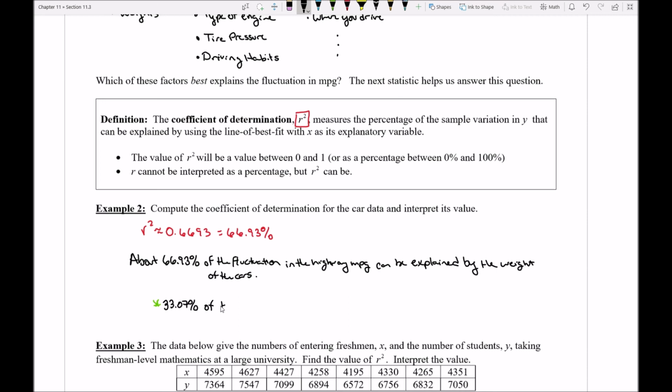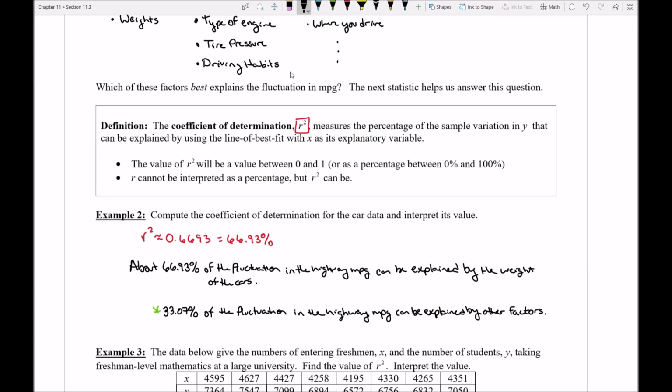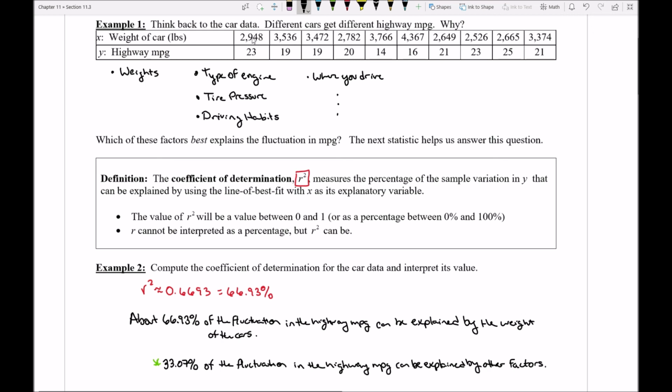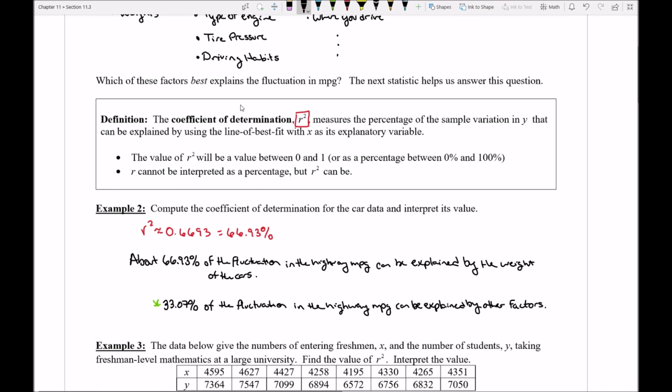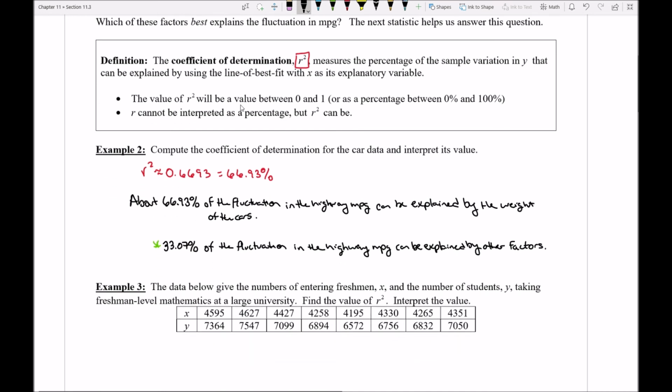But I can say that this percentage of the fluctuation in the highway miles per gallon can be explained by other factors. And these other factors might be things like the list that we started writing up above. Maybe the remaining 33-ish% has to get divvied up between types of engine and where someone drives and how they drive and things like that. So this is how I would actually go ahead and do one of these interpretations.